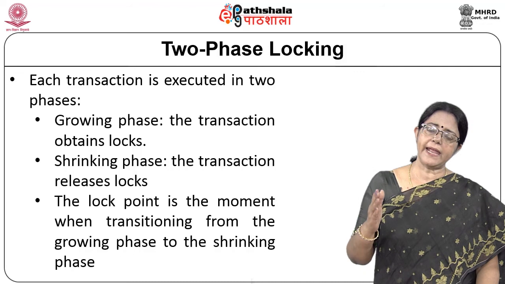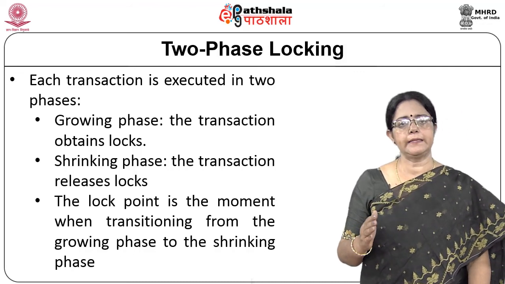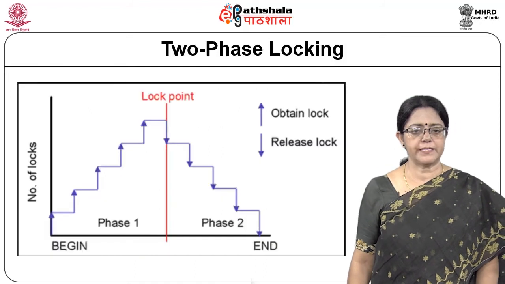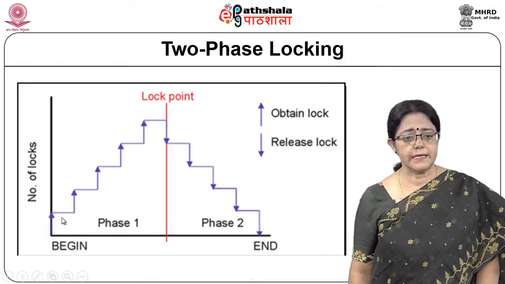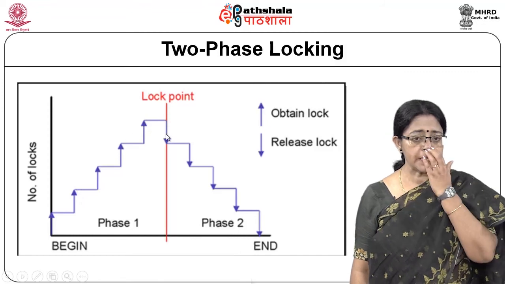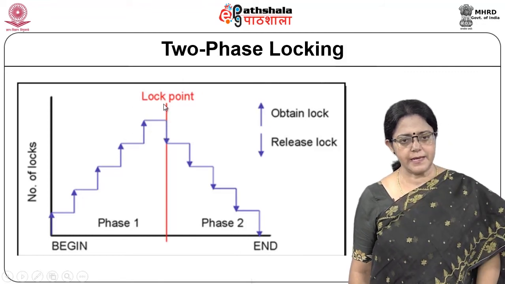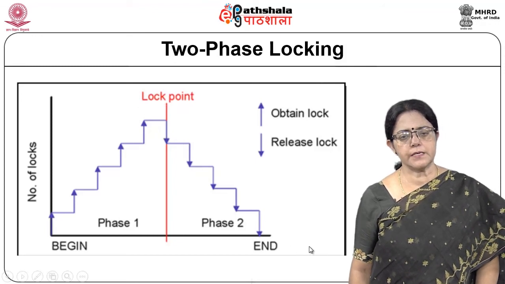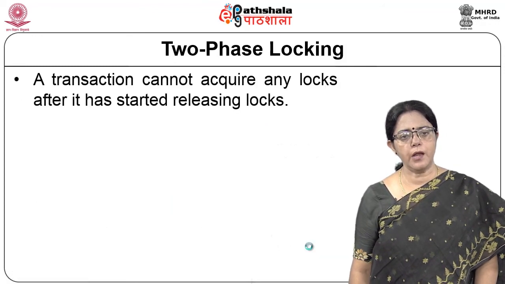The point where the growing phase stops and the shrinking phase starts is called the lock point. So, in this example it is growing, acquiring all the locks, and then a lock point comes, and then it has to release all the locks. So, this is the two-phase locking protocol.